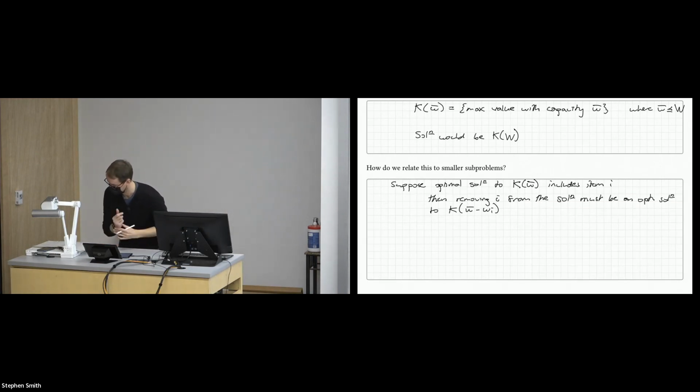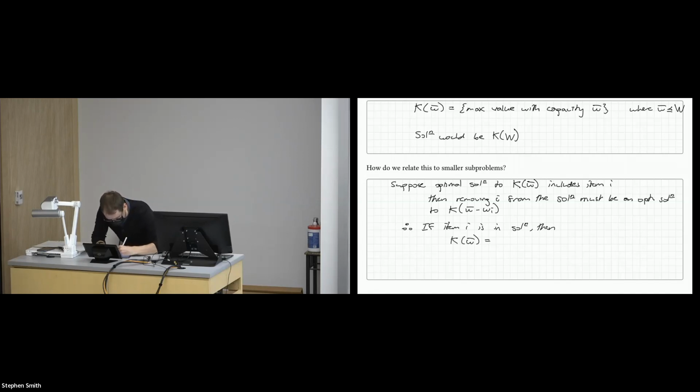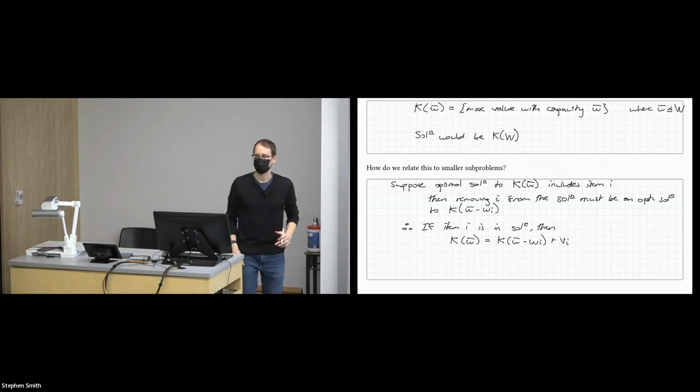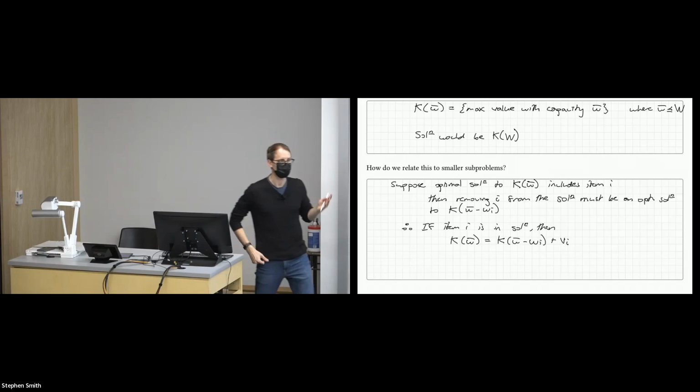But first, before I say that, we have that if item i is in the solution, then K of W bar has to equal K of W bar minus Wi, plus the value of adding that item i back into it. That's just restating the same thing that I just said.